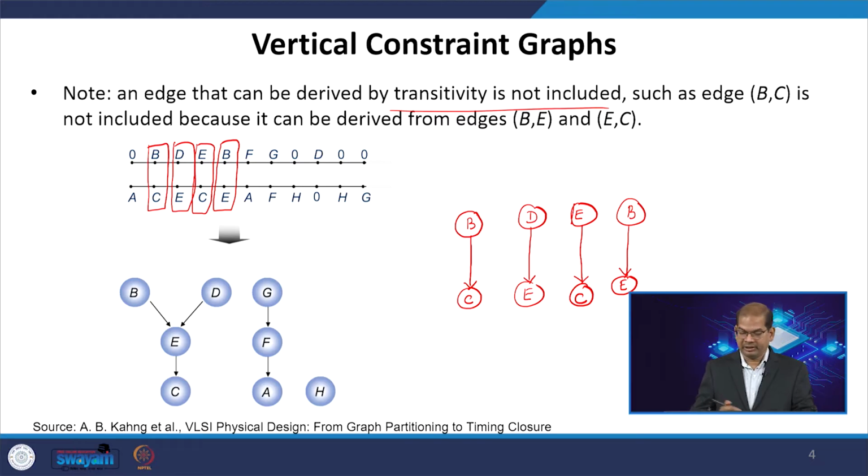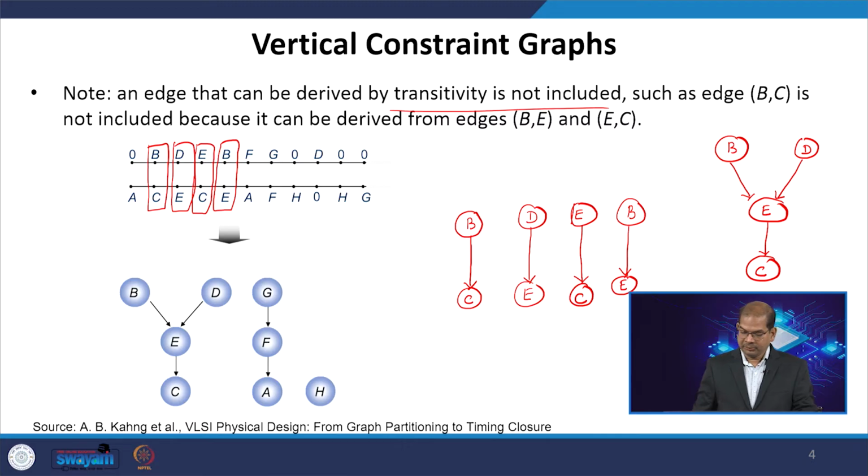We can remove the redundant edges. From the B node and D node, we have an edge to the E node, and there is an edge from the E node to the C node.